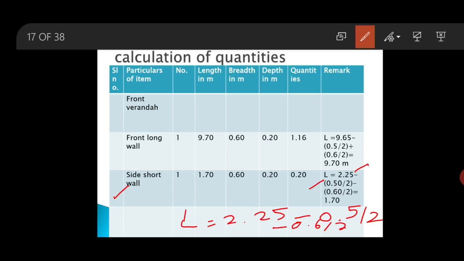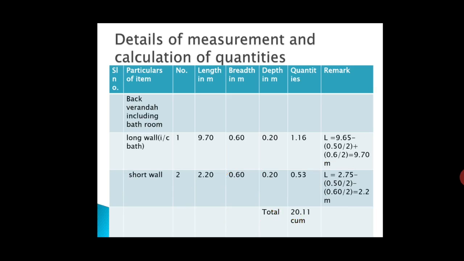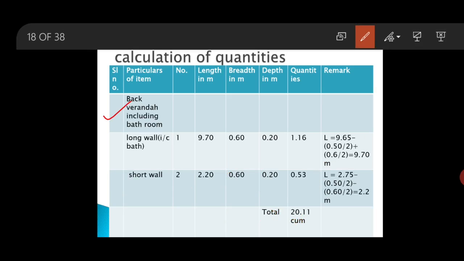So, which is equal to 1.7. Width is 0.6, depth is 0.2. Then by multiplying, we will get the net quantity as 0.20 cubic meter. Okay. Next, we will move to the back veranda.